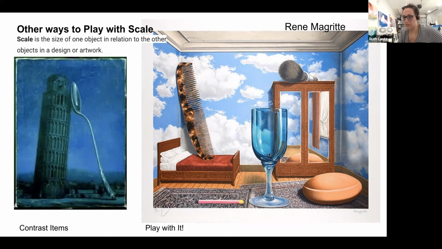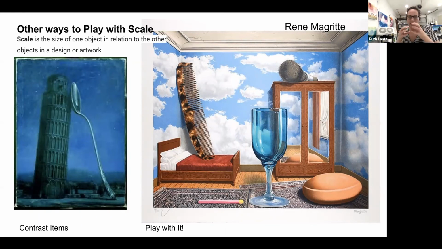But since it feels like the sizes are correct, then it's in proportion. So things can only be out of proportion or in proportion when you're talking about singular objects.